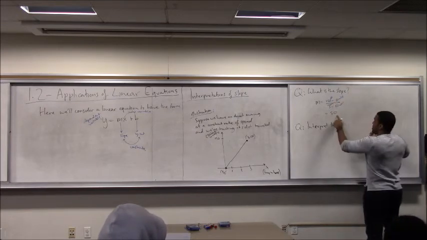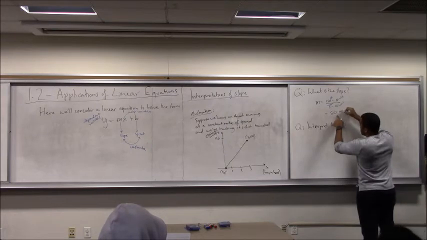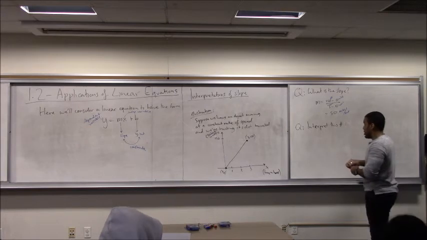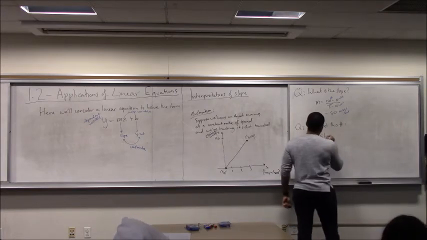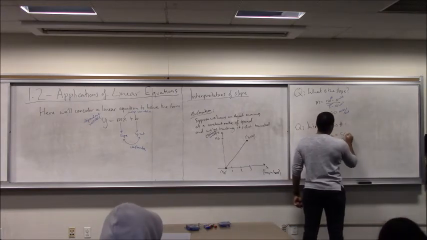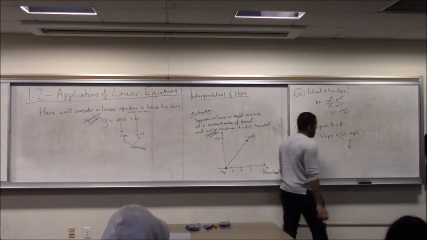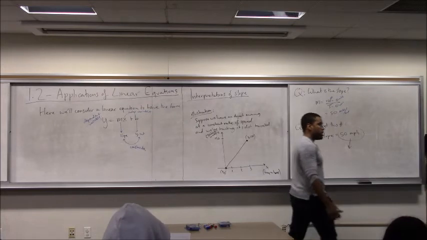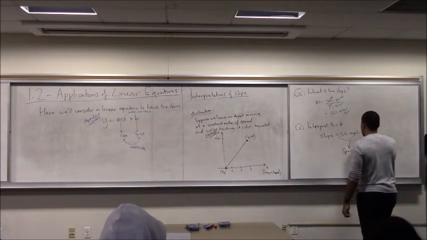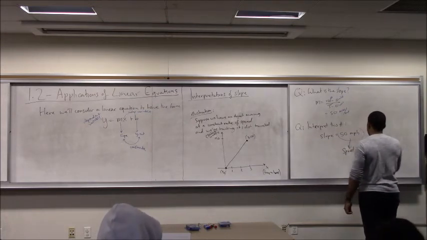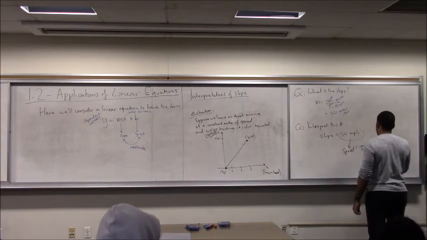Which means this 50 is miles over hours, or miles per hour. So in this case, your slope is 50 miles per hour, which means you can think of the slope here as what? A speed, or a velocity more specifically, or what we might call a rate of change.